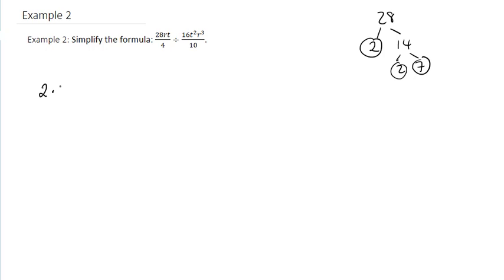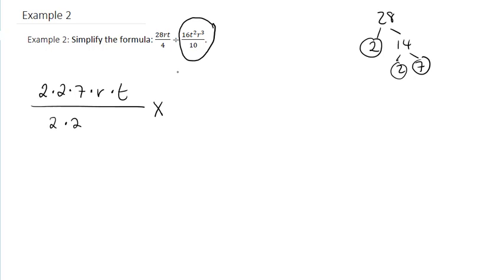So we have 2 times 2 times 7 times r times t. 4 is just 2 times 2. Now remember, we always take the reciprocal of the second number for dividing, so then we can multiply. So now multiply by the reciprocal. So 2 times 5, because 10 is 2 and 5.